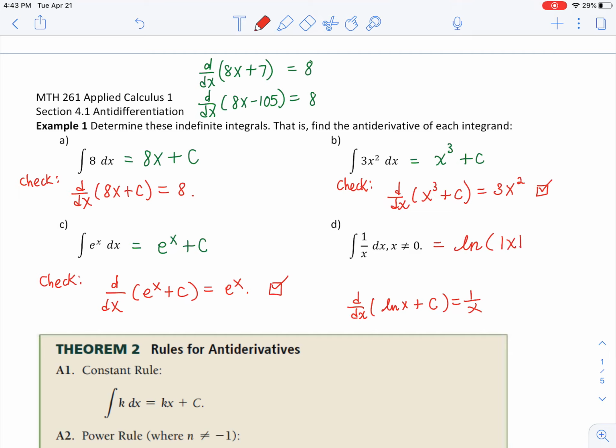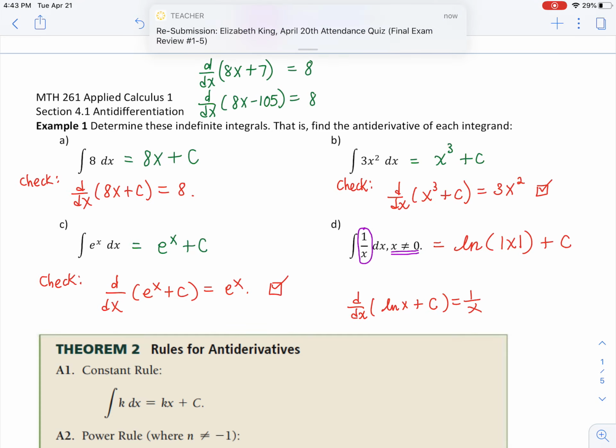And we learned that in a previous chapter. But it's not going to be too nice for you to say this equals natural log of x. In fact, you're going to have to say natural log of the absolute value of x plus c.